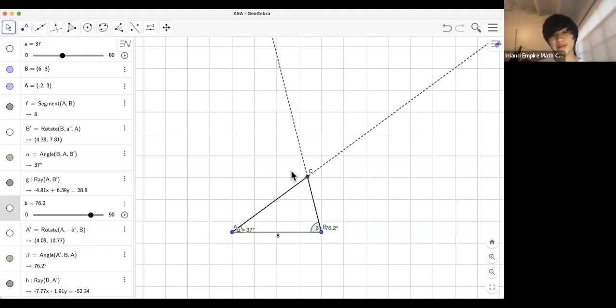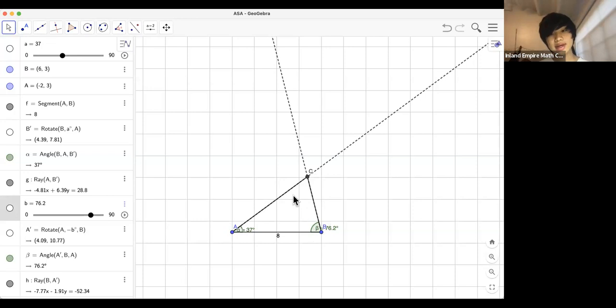All the other angles and sides are also going to be the same, which means you can determine whether a triangle is congruent, or the same shape and size as another triangle, just by looking at a side and the angles on either side of that side.